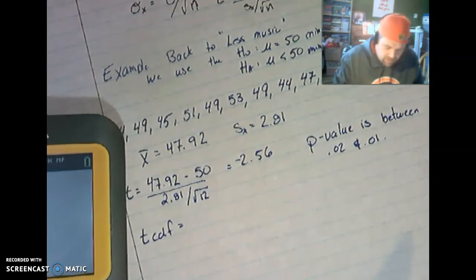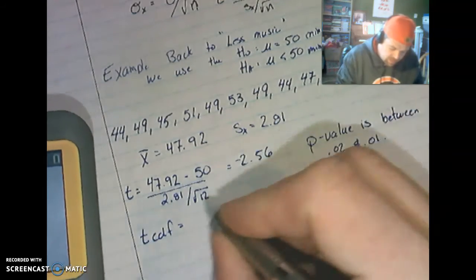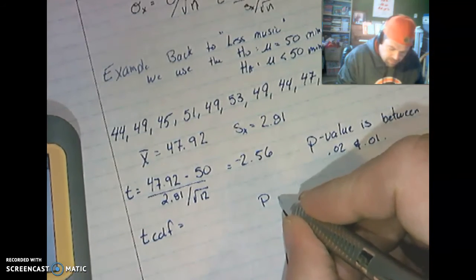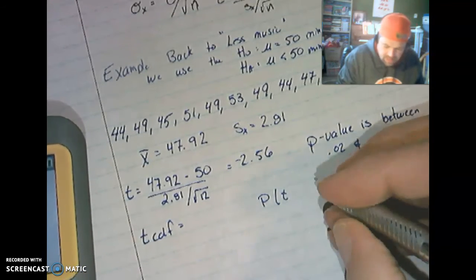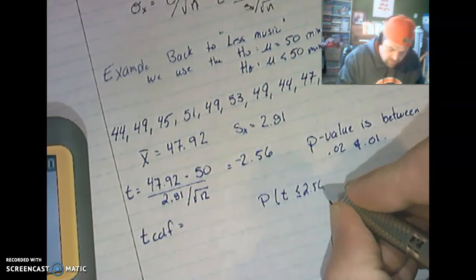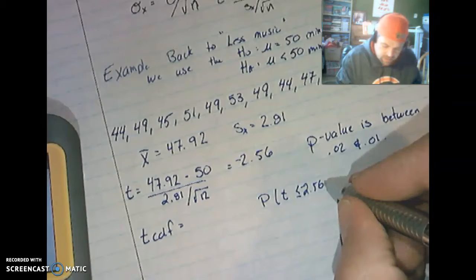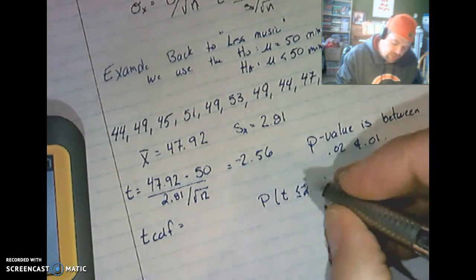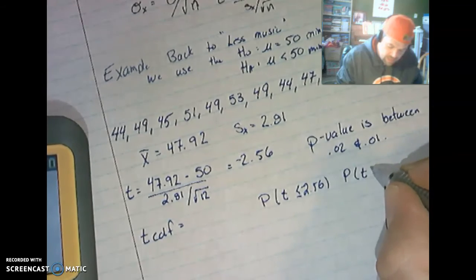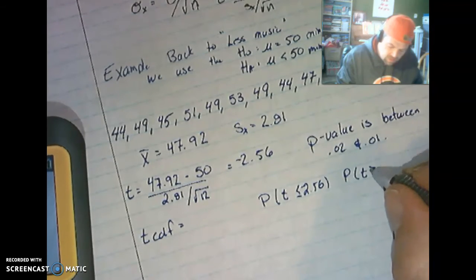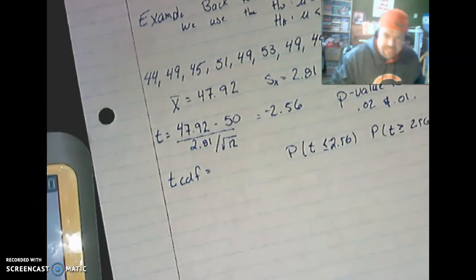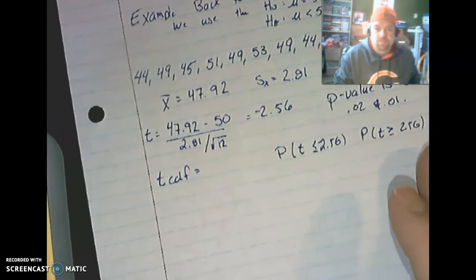What happens is we have the probability that t is greater than or equal to negative 2.56. When I change and divide by a negative value, then I get the probability that t is greater than or equal to 2.56. So when I do my graph, that's how it fits into the book work.